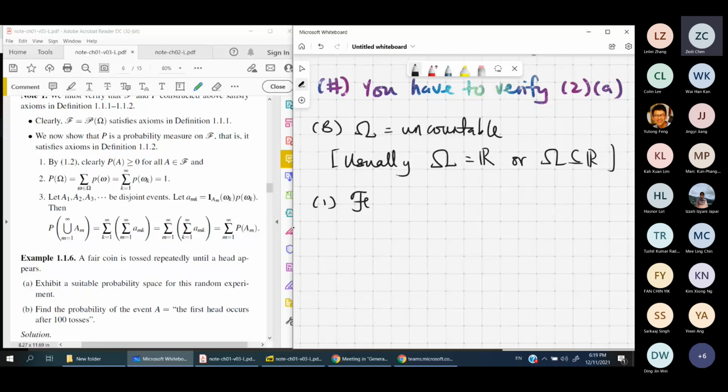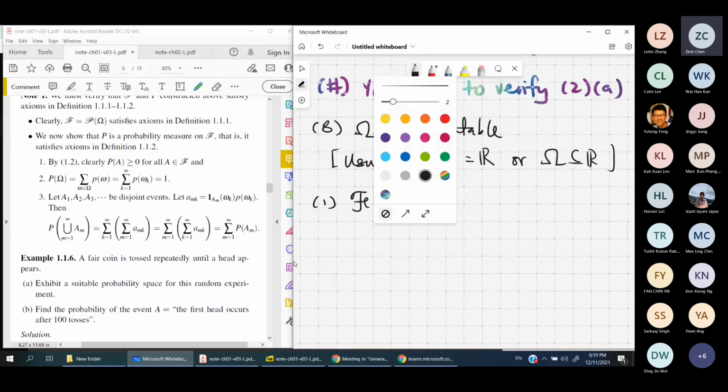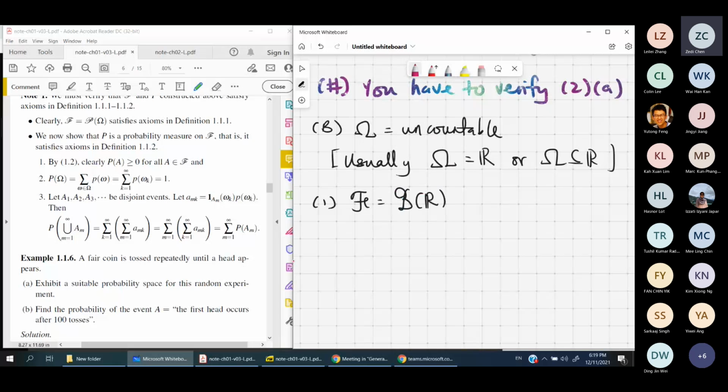We just take F to be this BR. What is this BR? We have discussed this already. This is the so-called Borel sigma field.